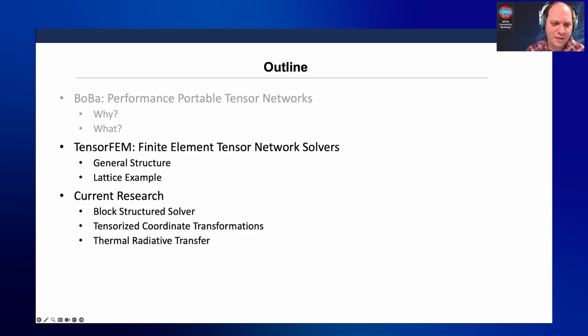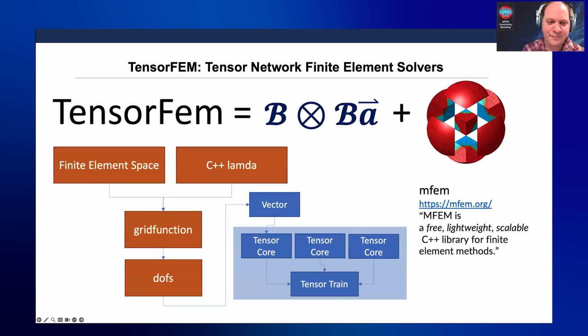I'll explain some general structure and an example we have working, and then in the next section, we'll talk about what we want to do with all this. The first thing we did was say, we need to represent functions in this framework. You can define your finite element space just like you would.